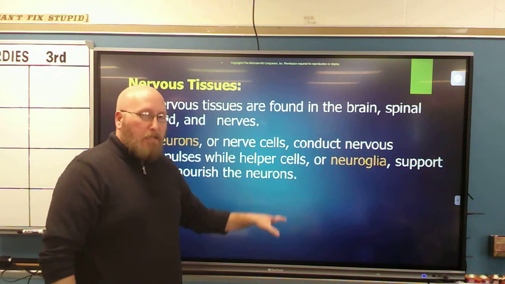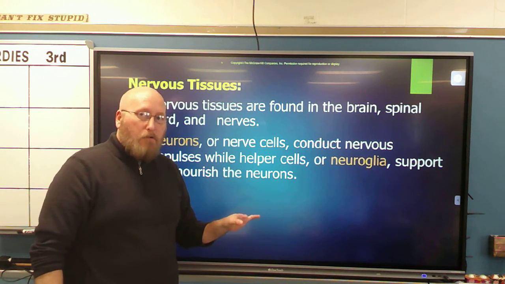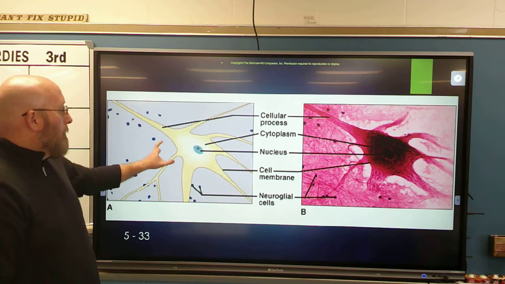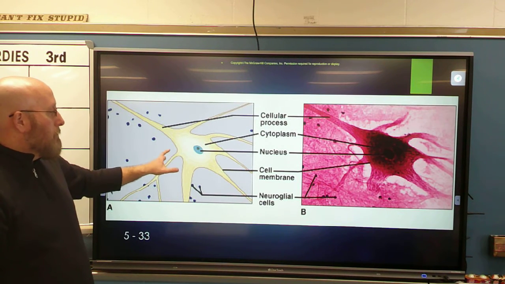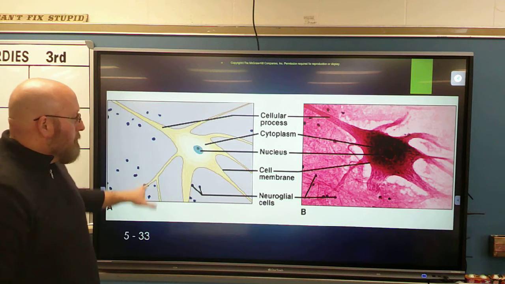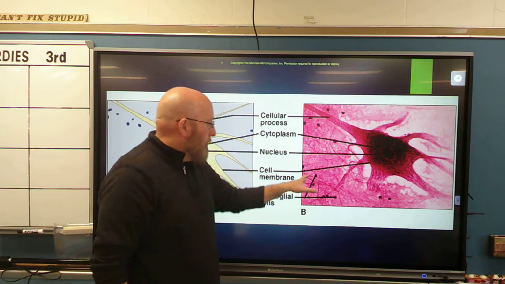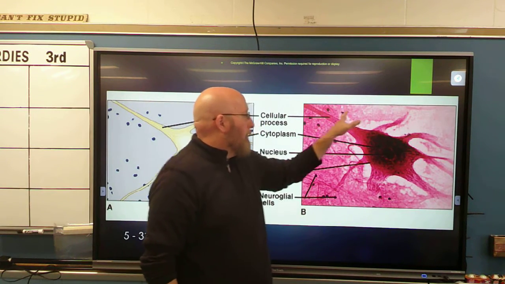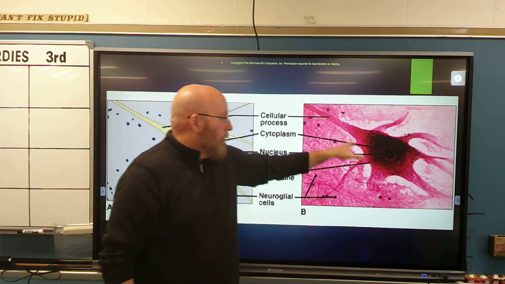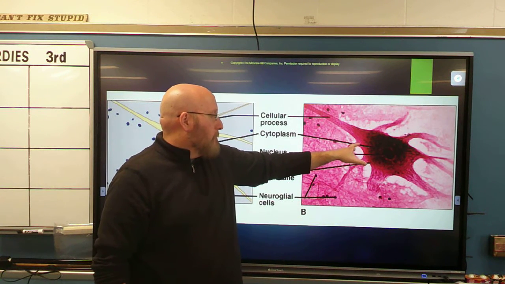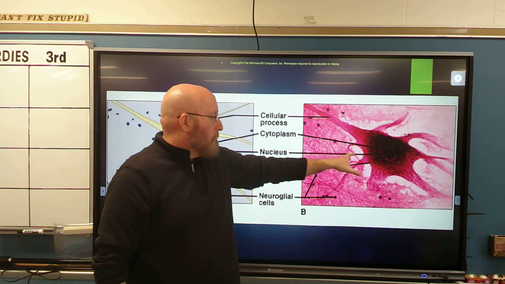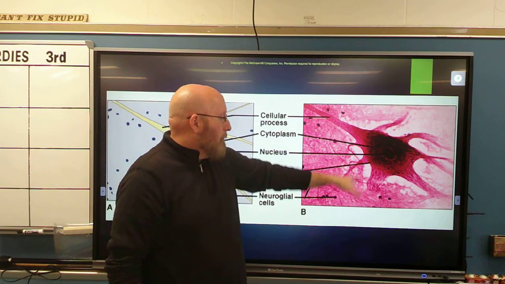Now again, when you look at them, they're odd-looking little cells too. For example, here's a picture of nervous tissue. You see these little dark colored dots? These are neuroglia, all these little blotchy things. But this guy right here in the center, which kind of looks like a squashed bug, right? Some critter that's gotten squashed with all these little legs.